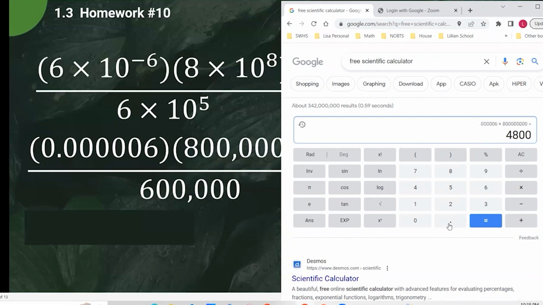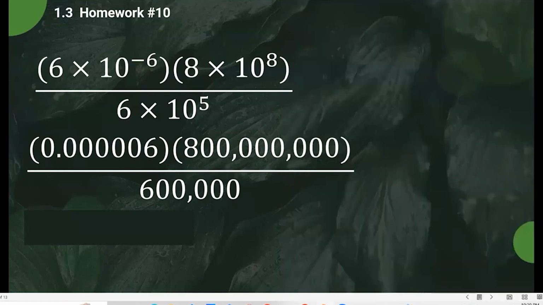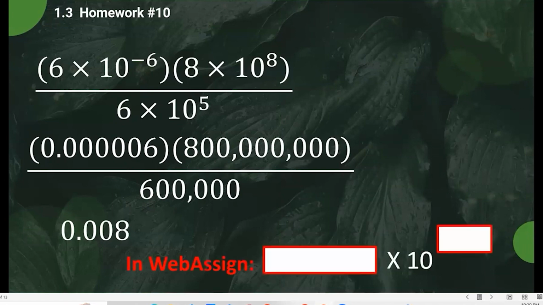I'm going to hit enter, and then hit divided by, and I'm going to do 6 with 5 zeros. 1, 2, 3, 4, 5. Enter. 0.008.